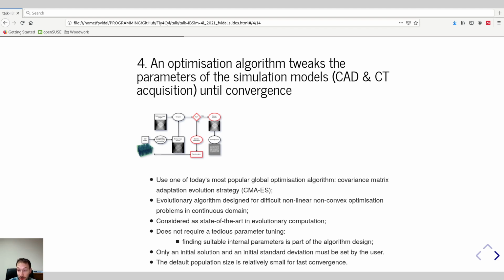You could just use the default parameters, and the algorithm is supposed to find the parameters itself. The only parameters you actually need are an initial solution and a standard deviation. So we went for it, and as I said, we did not try to make it run well. We just used default values.